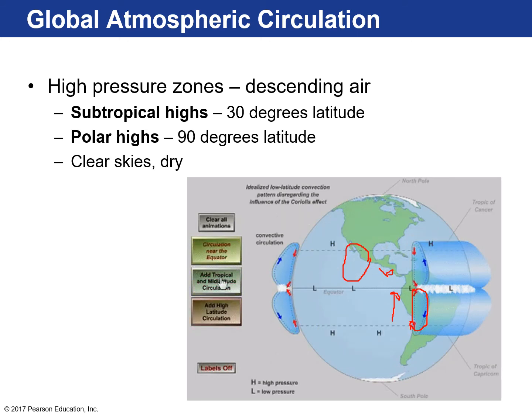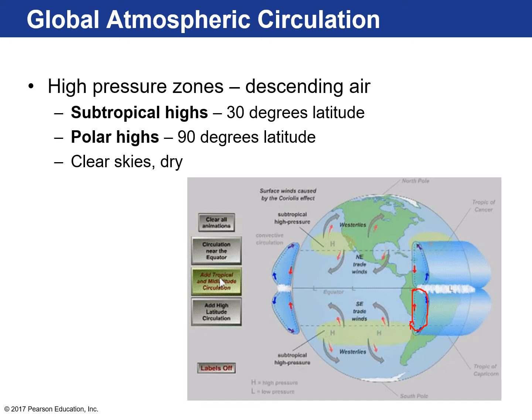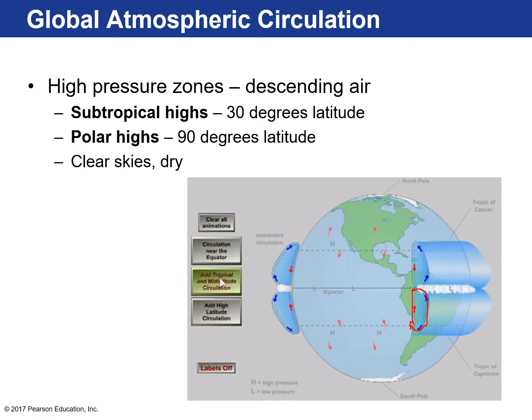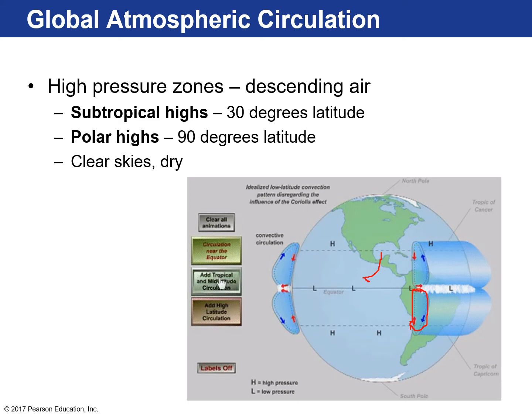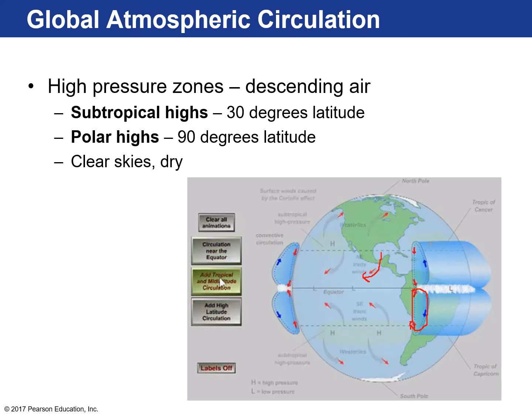Okay, so that's what the prevailing winds are in each one of these cells. So we have the air moving toward the equator, warming up, getting deflected to the right. That creates the trade winds. And in the southern hemisphere, this air is moving northward, but then it's deflected to the left because it's the southern hemisphere, and that creates the southeastern trade winds.